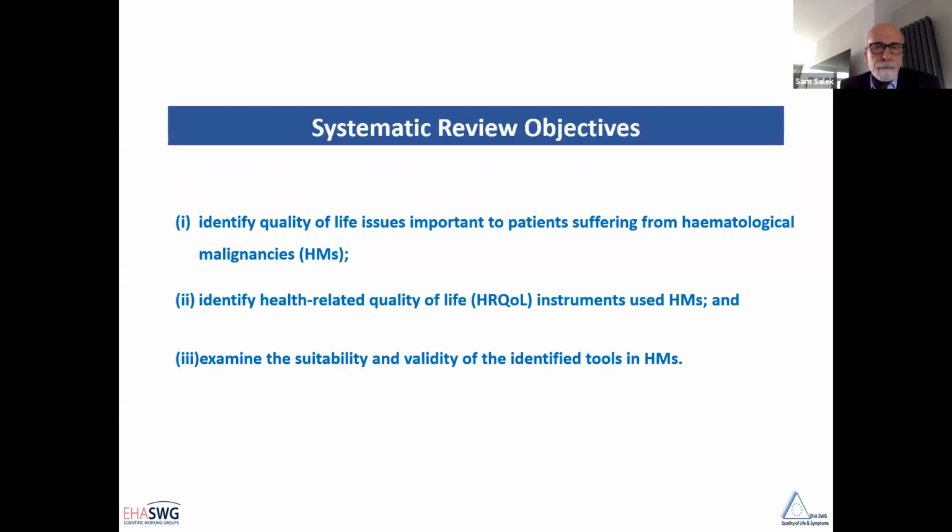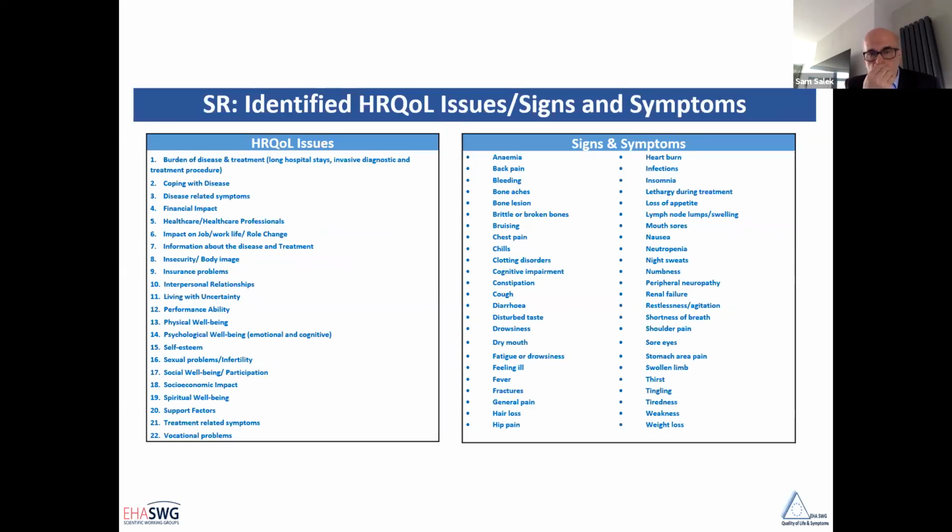Next, please. The objectives were to identify quality of life issues important to patients suffering from hematological malignancies, to identify health-related quality of life instruments used in blood cancer patients, and also to examine the suitability and validity of the identified tools in hematological malignancies. Next, please.